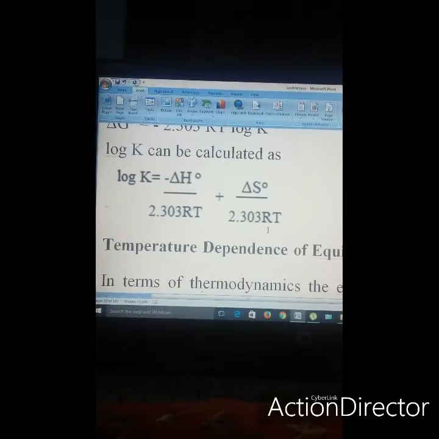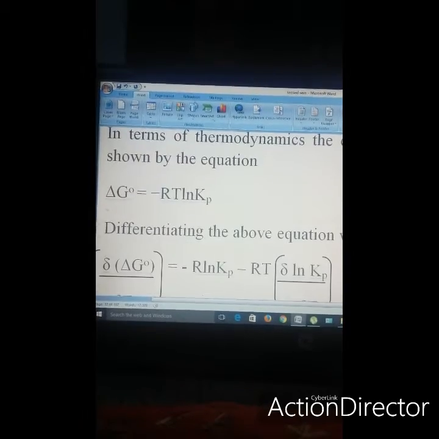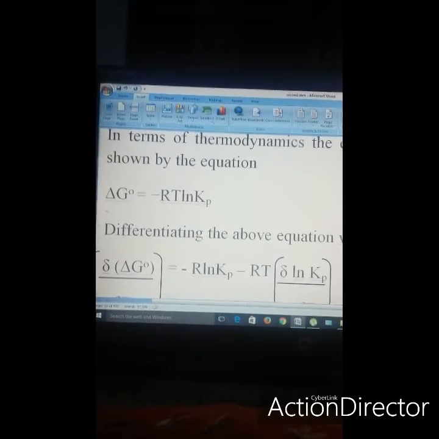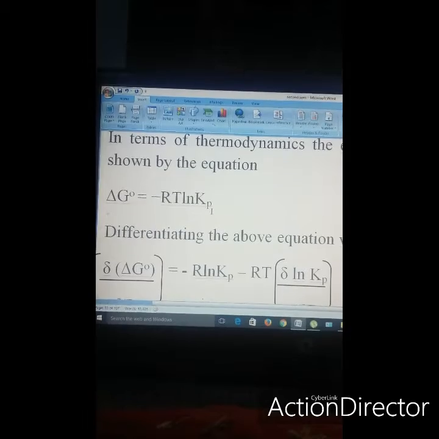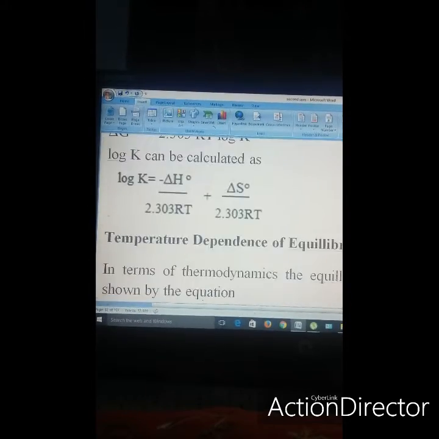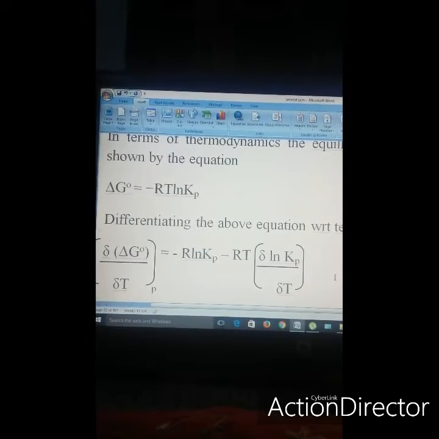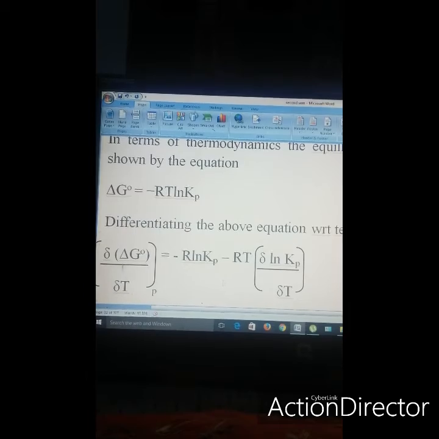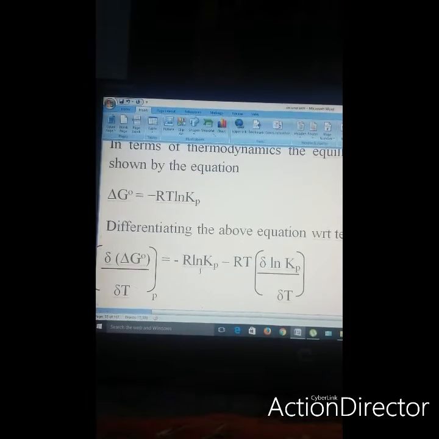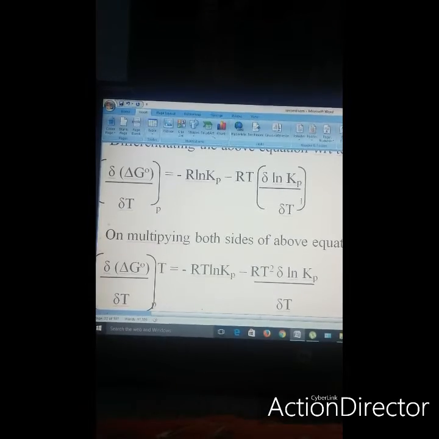So it shows that it is depending on the temperature, since delta G naught is equal to minus RT natural log Kp. So when you differentiate it with respect to temperature at constant pressure, I will get this equation.